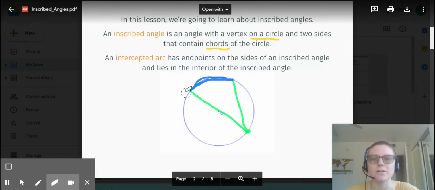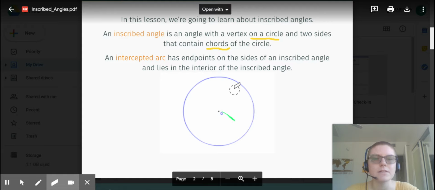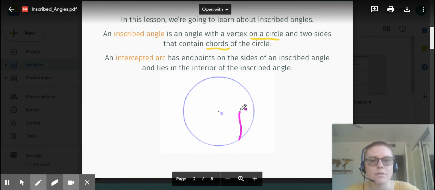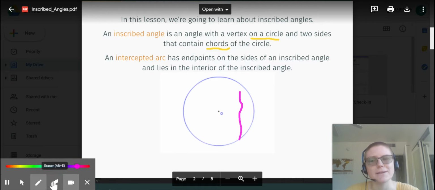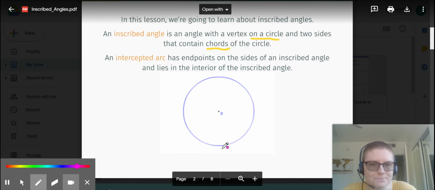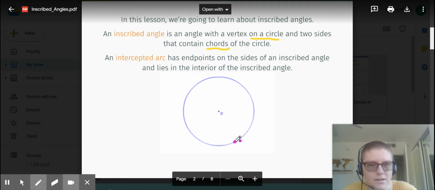It could also be that, let me erase this all the way. Another way that they can look is with, we've got our vertex, and one side is there, and the other side could be here.